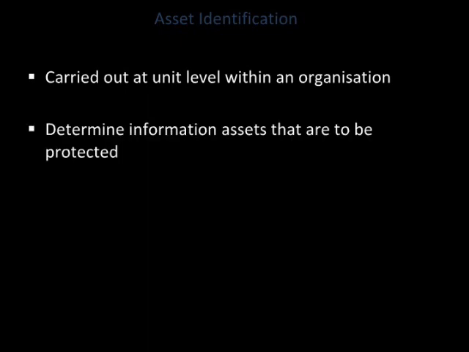The asset identification task is carried out at unit level within an organization in light of organization-wide policies set out in stages 1, 2, 3. It uses Stage 1's description of the scope of the ISMS to determine the information assets that are to be protected.